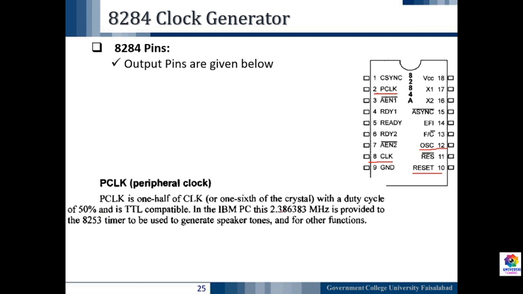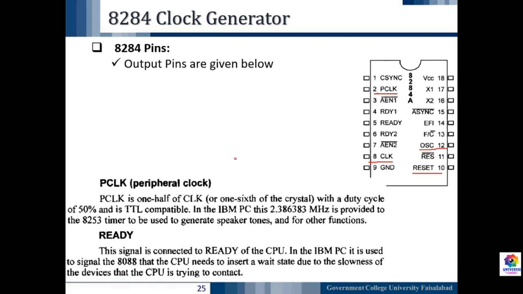In the IBM PC, this provides a signal of 2.386383 MHz, which is given to the 8253 timer to generate the speaker tones and for other functions. So this is the clock signal for the peripherals, and the other is the clock for the microprocessor, which is 1/3 of the provided frequency, while this one is 1/6.